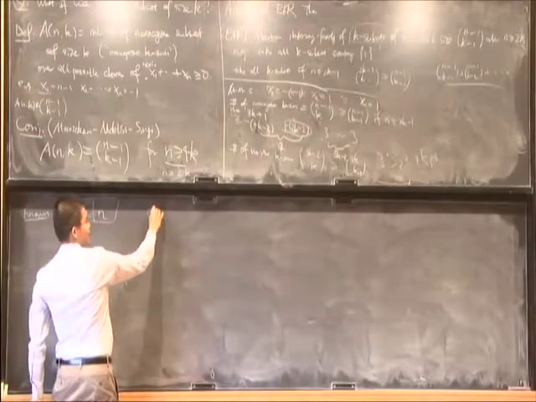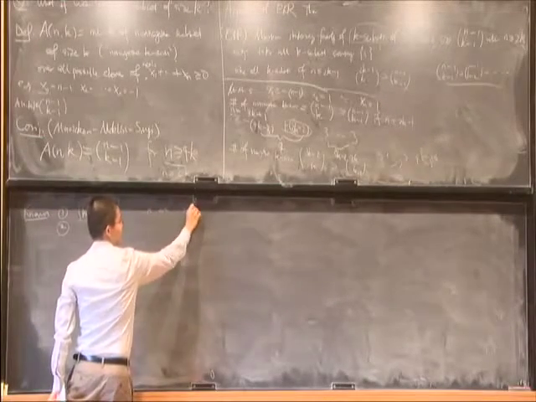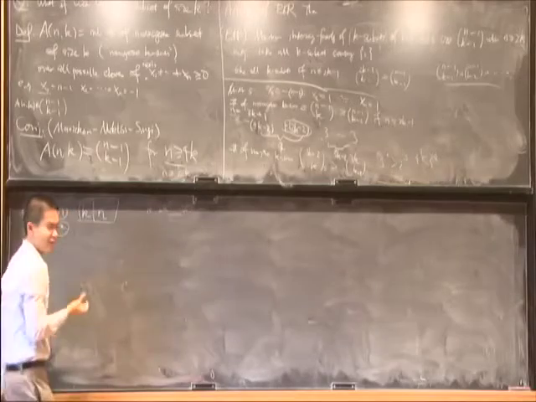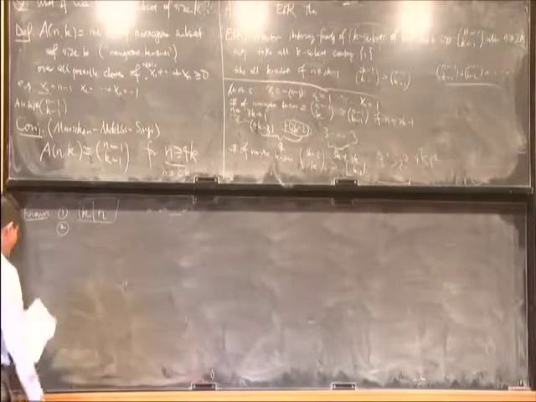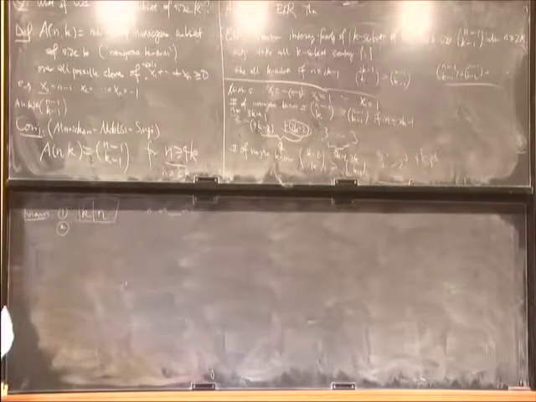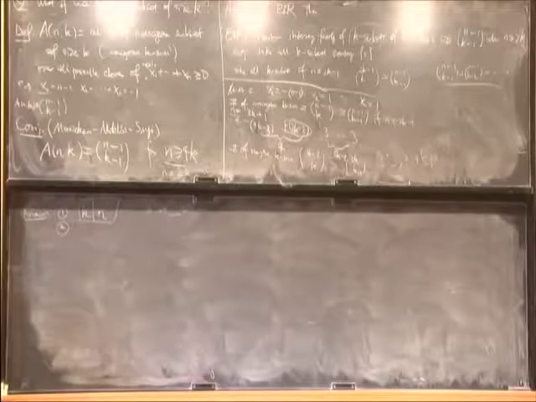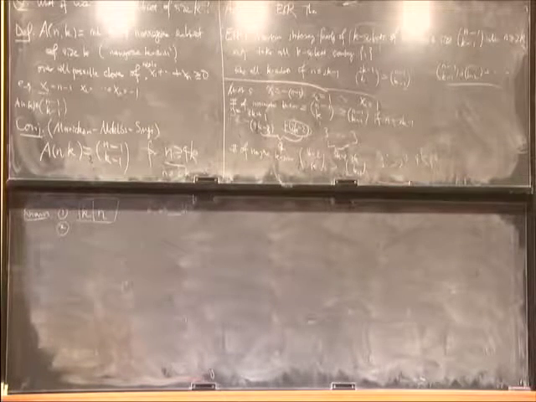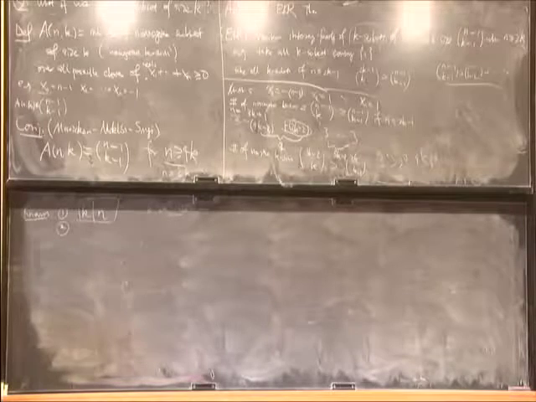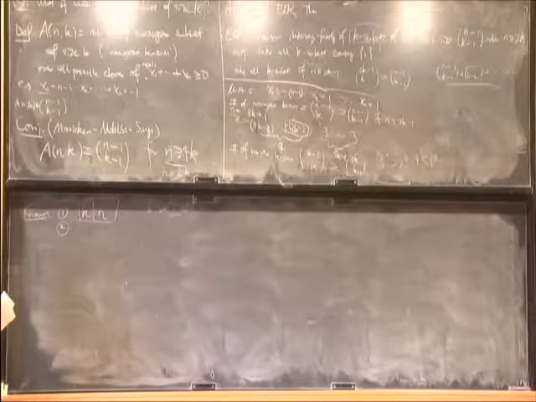If we know it for k, 2k, 3k, and so on, then between them it's asymptotically true. But how does this imply that asymptotically?